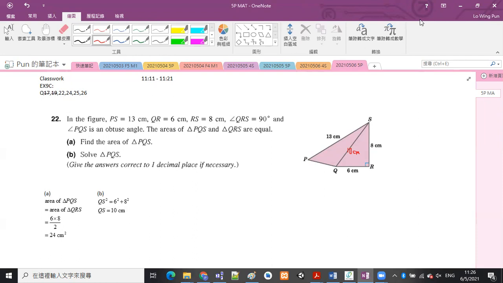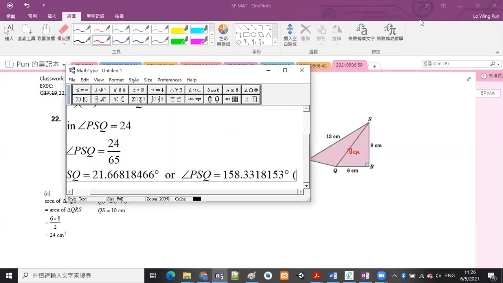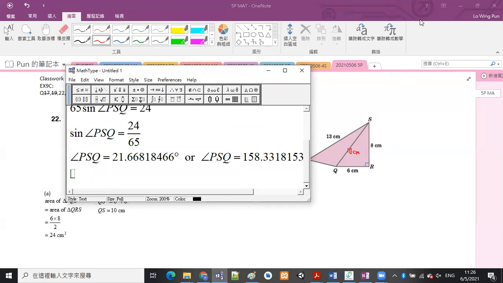So the second possibility can be rejected immediately. So there is only one possibility for the angle PSQ, and as angle PSQ is one of the answers, we have to correct this to 3SF degrees.